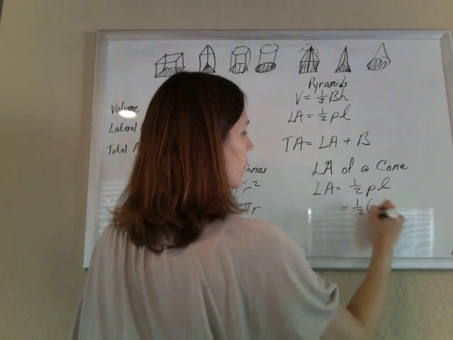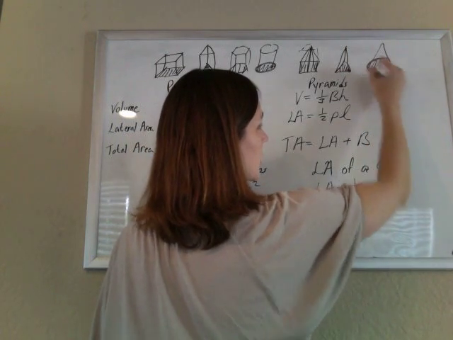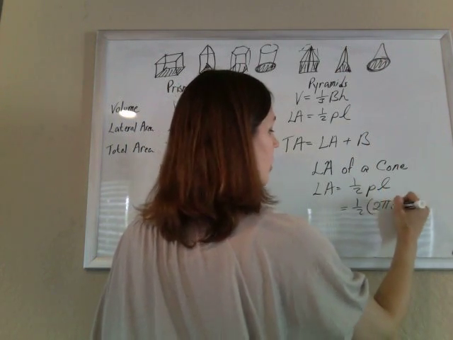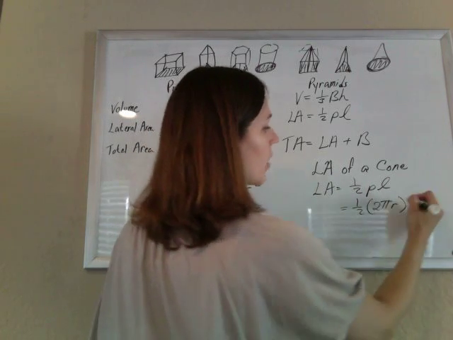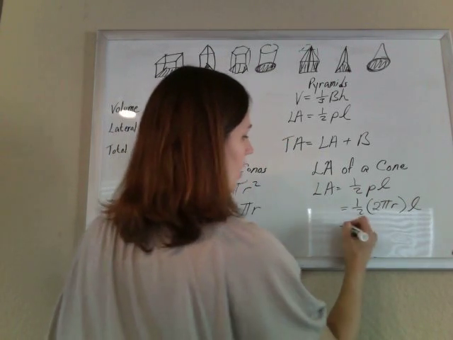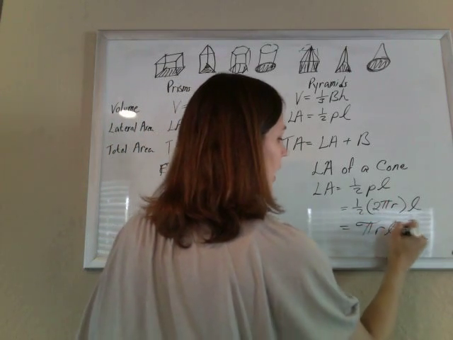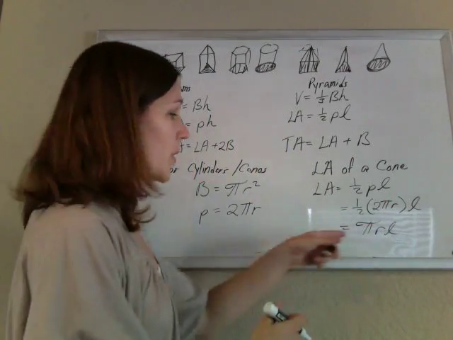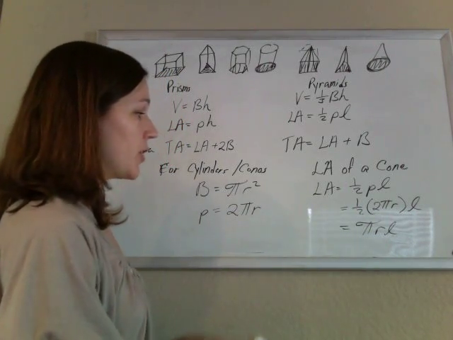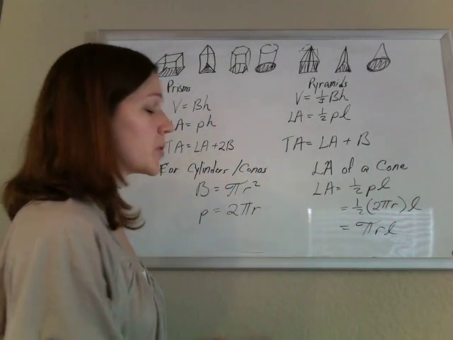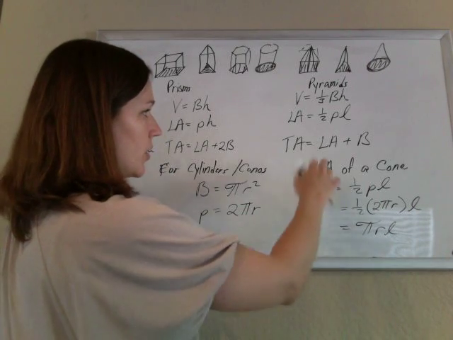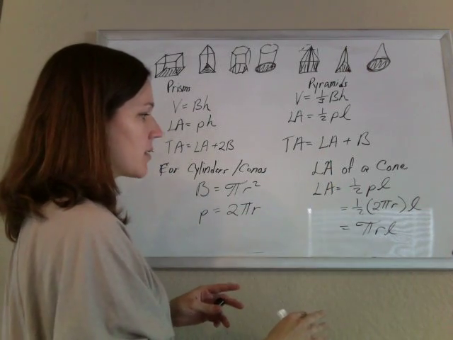So 1/2 the perimeter is the circumference, which I already know is supposed to be 2 pi r, times the slant height. Well, 1/2 times 2 is just 1, so it's pi r l. Many books have you memorize that formula pi r l, and you compile 1,000,001 formulas, which is just silly. You can derive it in 2 seconds, and that's that.